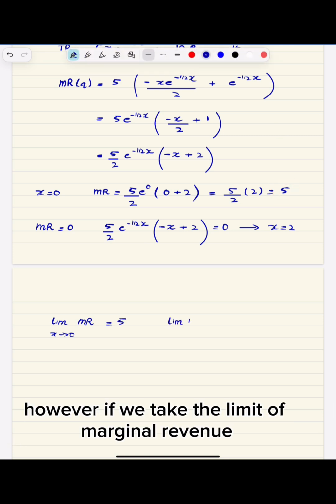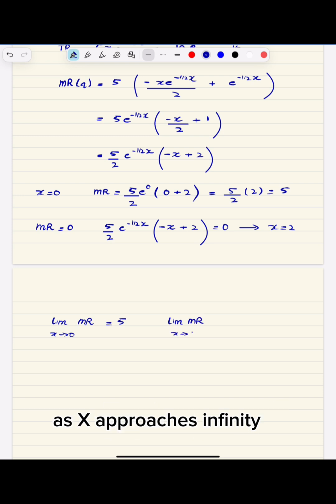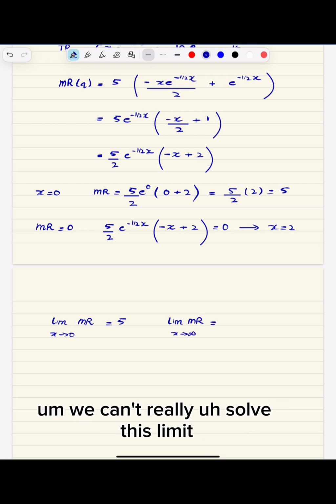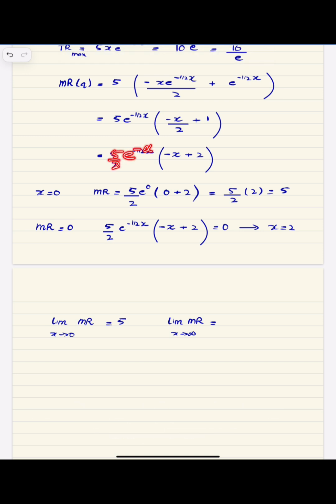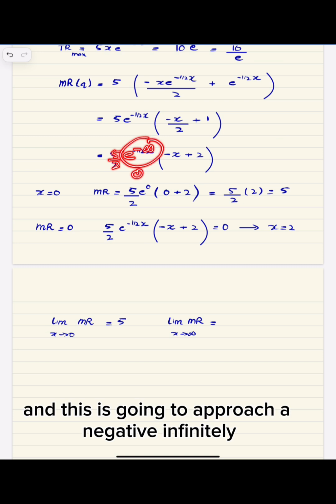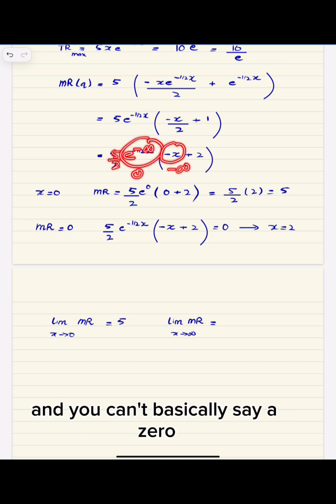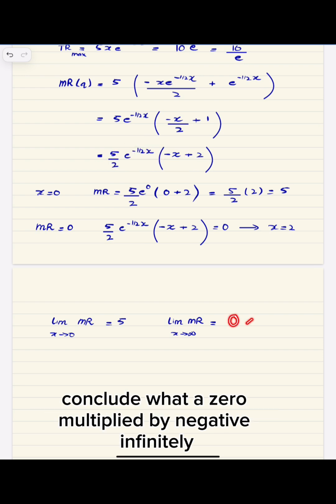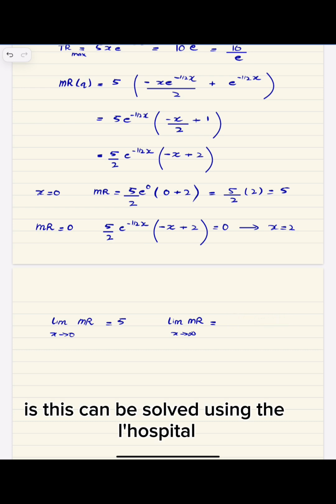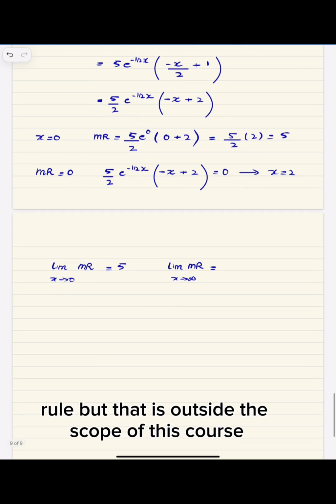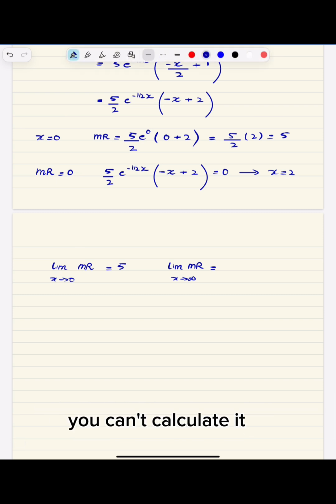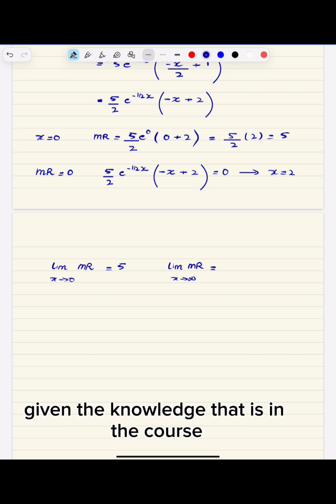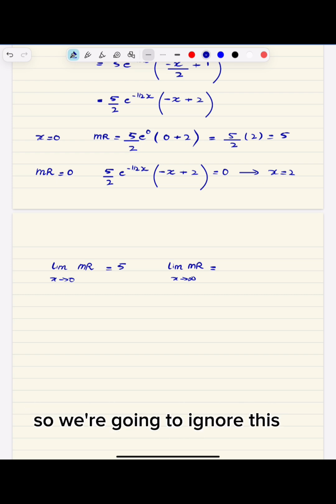However, if we take the limit of marginal revenue as x approaches infinity, we can't really solve this limit with the limited knowledge we have, because 5 over 2 times this is going to approach 0, and this is going to approach negative infinity, and you can't conclude what 0 multiplied by negative infinity is. This can be solved using L'Hopital's rule, but that is outside the scope of this course. You can't calculate it given the knowledge in the course, so we are going to ignore this.